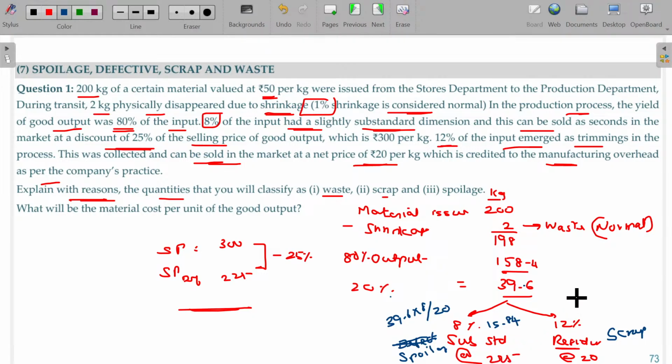In case of scrap, 39.6 into 12 by 20. What is the scrap number? 23.76. What will be the material cost per unit of the good output? Good output.